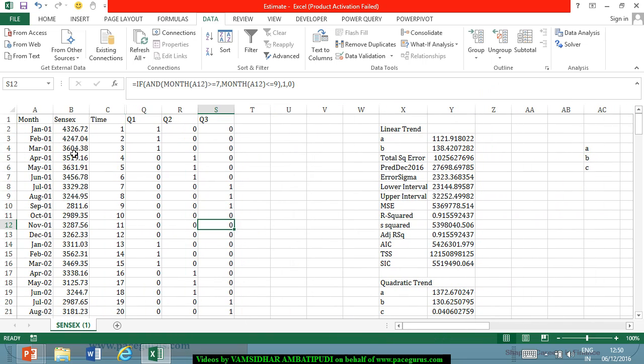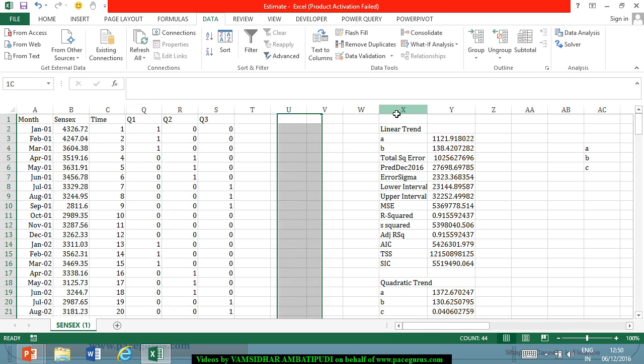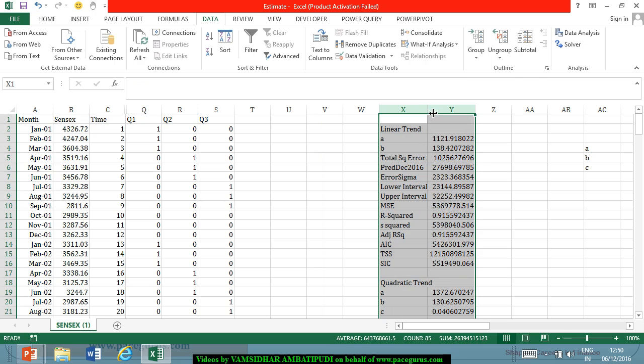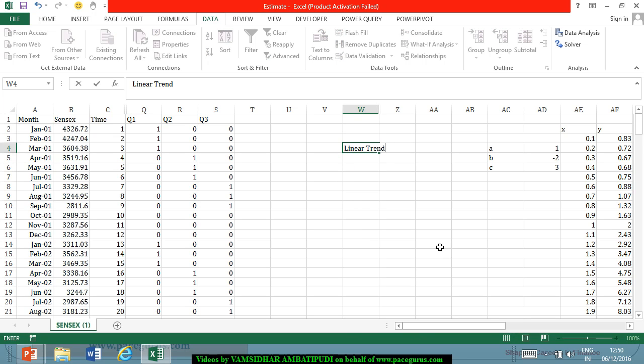Which will leave me with this being my variable to be predicted, and because I am going with the linear trend along with the seasonality, I'll consider these 4 columns itself. So let me hide even this one as well. So now I am going to consider a linear trend plus seasonality kind of model.